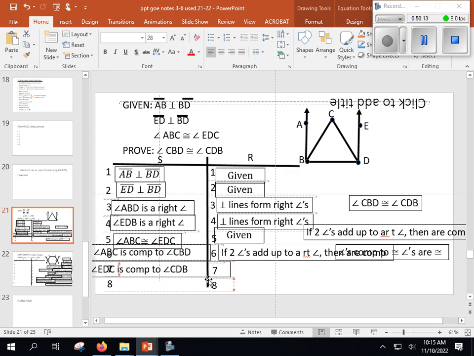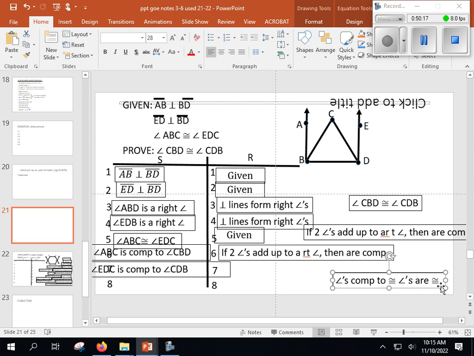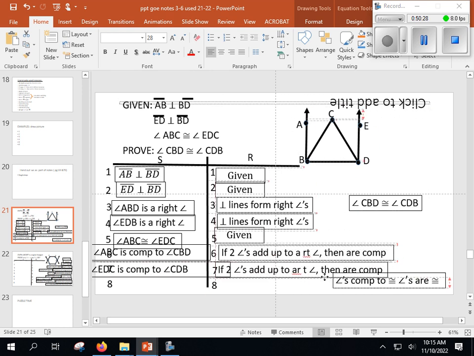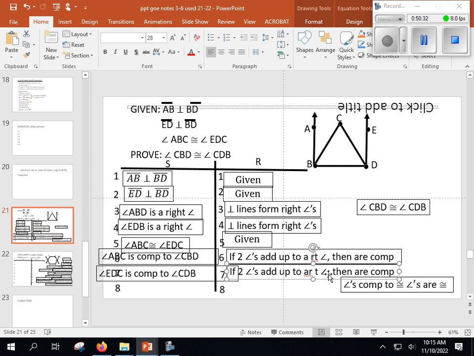How do we know that those two were complementary? Two angles add up to a right angle, then they have to be what? Complementary.